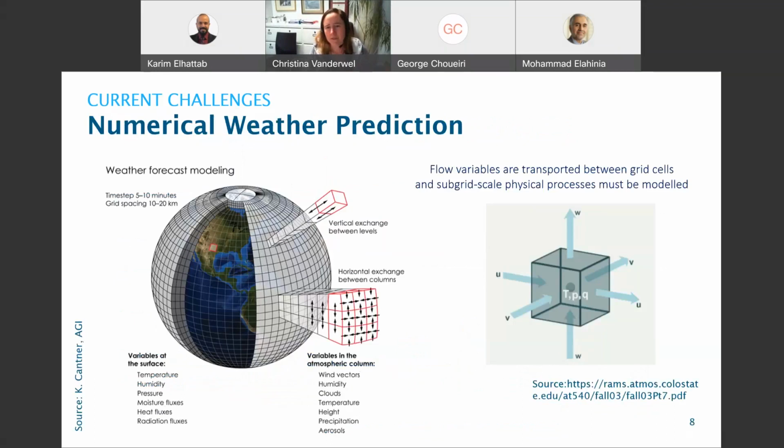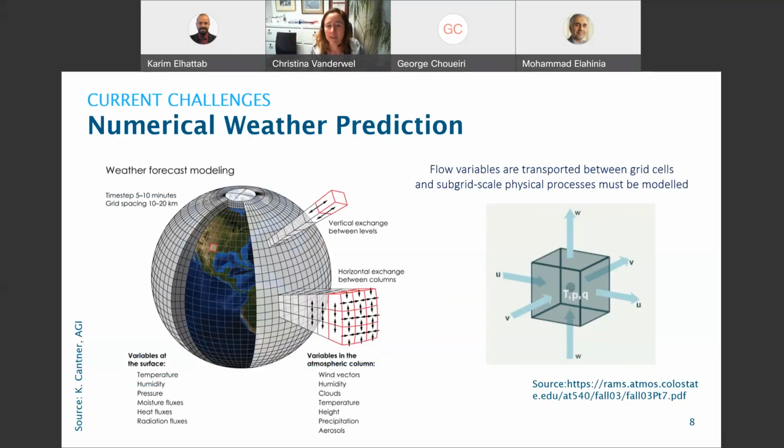So the typical approach for numerical weather prediction is to divide up the world into a grid, both horizontally and vertically, and do a CFD calculation on that whole grid. Typically the grid cells are on the order of 10 kilometers.